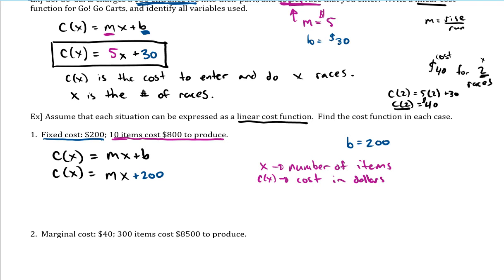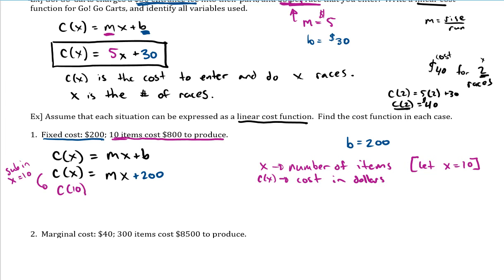What they're saying here is we have 10 items, and it costs $800 to produce. So we're going to let X equal 10, and we're going to plug it into this one. Let's sub in X equals 10.